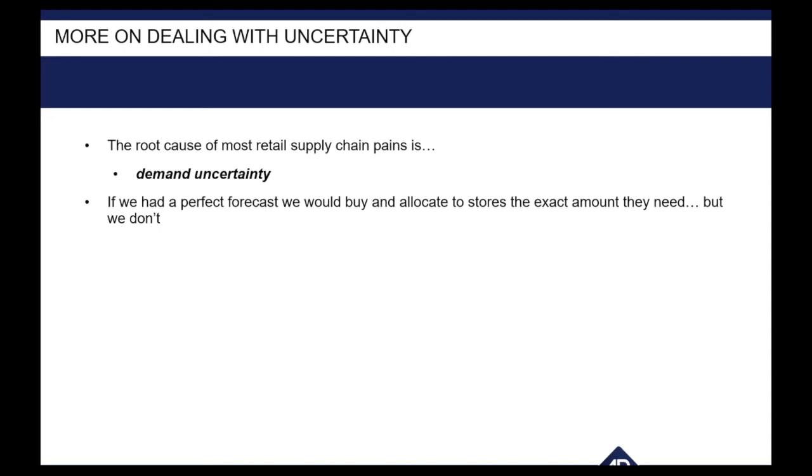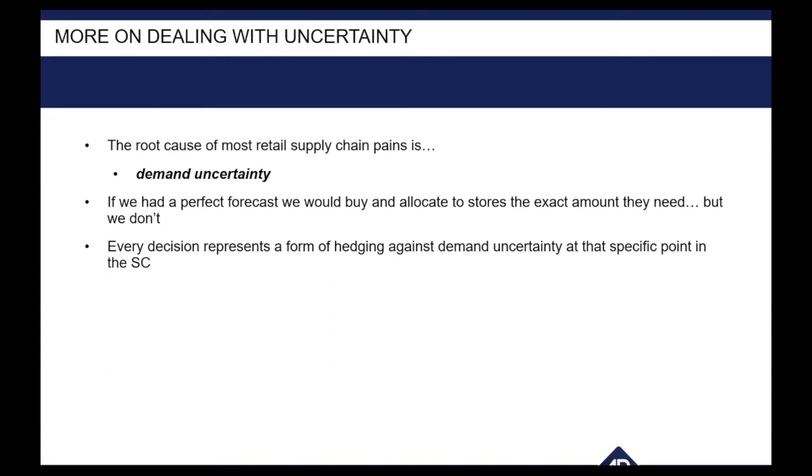The reason is that we're trying to forecast what is inherently a stochastic process, a random process. So much like I cannot forecast what the next face up on a dice that I roll will come up, I cannot forecast exactly demand in a particular store, particular SKU, particular point in time.